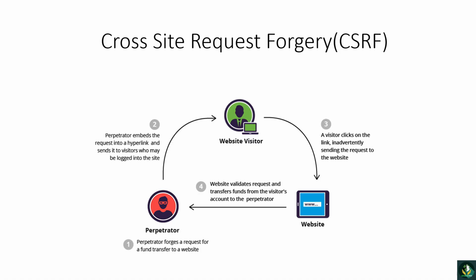The OWASP website defines CSRF as an attack that forces an end user to execute unwanted actions on a web application in which they are currently authenticated. With a little bit of help from social engineering, such as sending a link via email or chat, an attacker may trick the user of a web application into executing actions of the attacker's choosing.